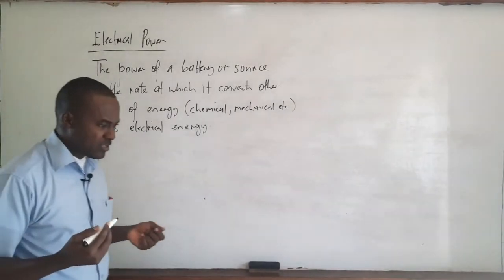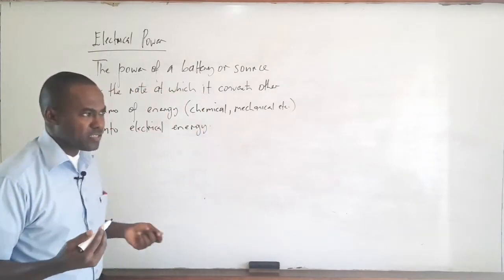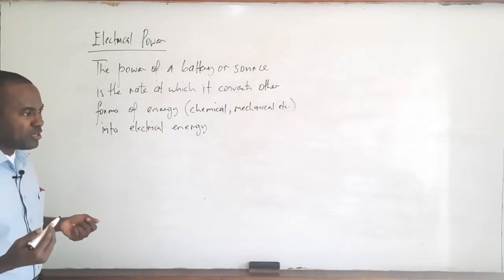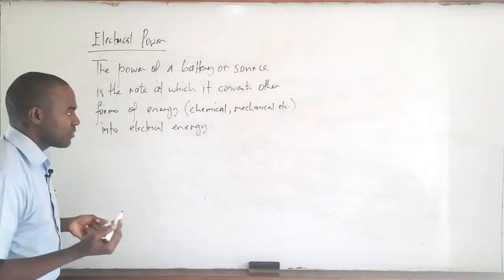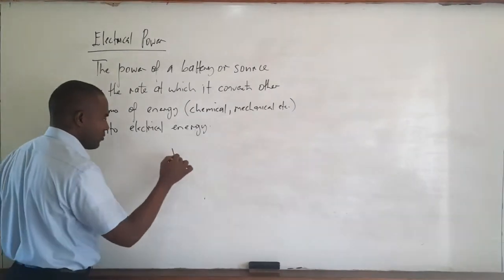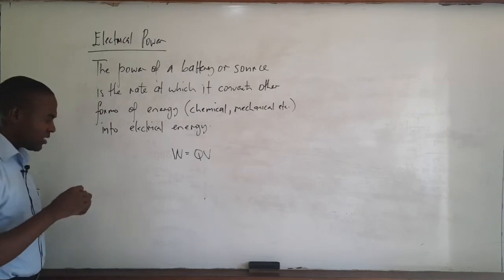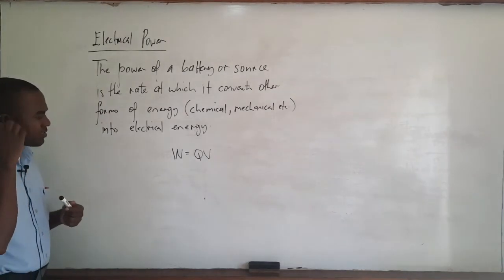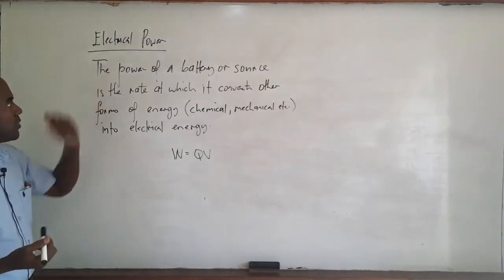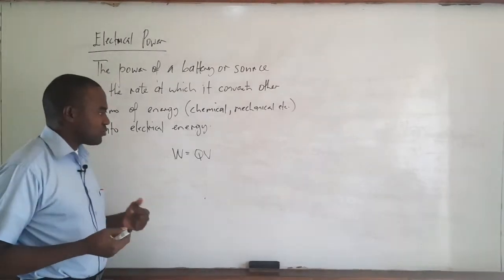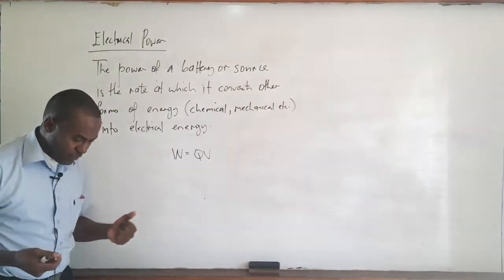Now, in a previous lesson, we would have met the equation which relates energy, charge, and voltage. And this equation, of course, was W equals QV. In the case of a source, we normally use E for EMF.